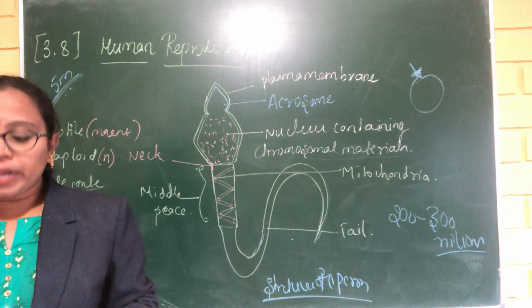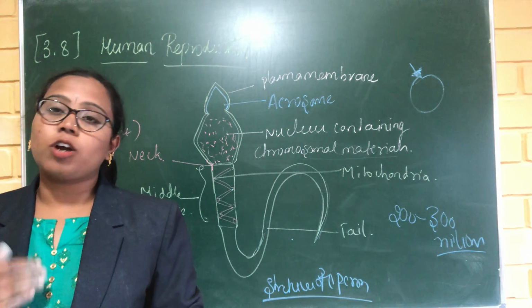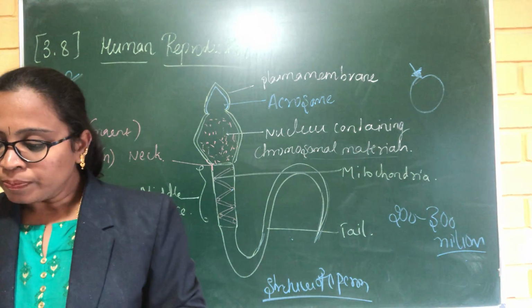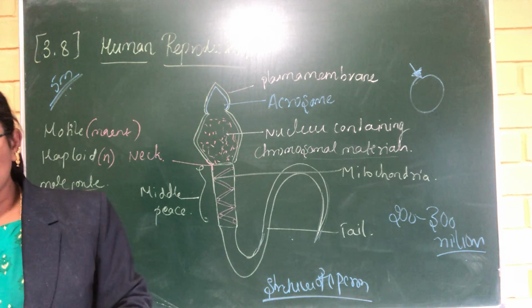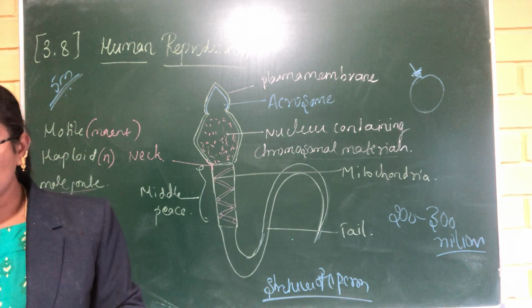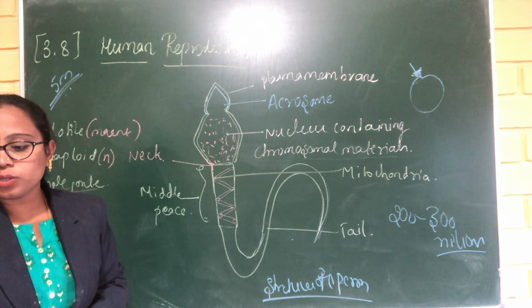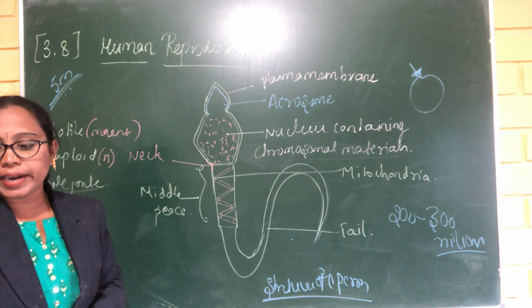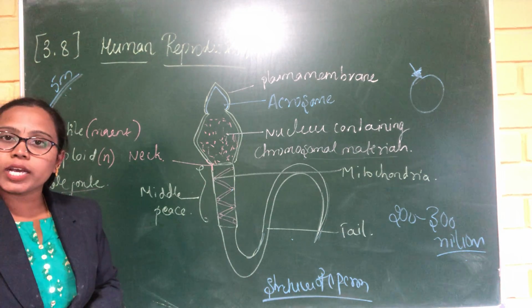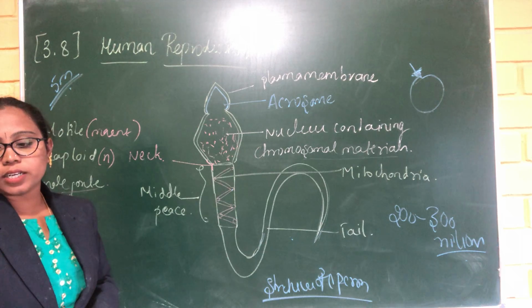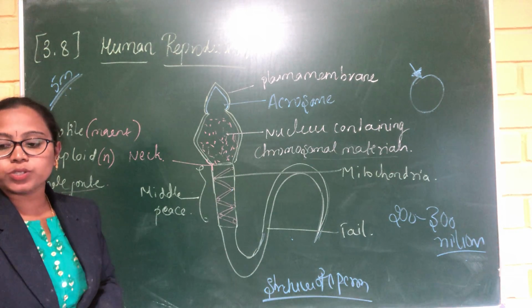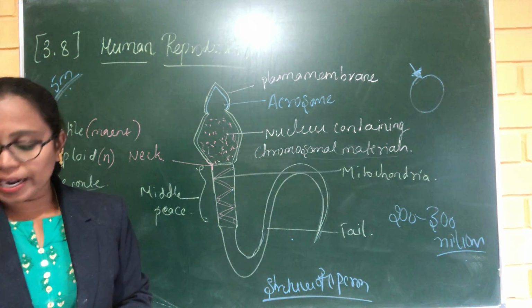In oogenesis there are also many changes and a lot of cell division. The egg mother cells, the oogonia, undergo mitosis and divide into many oogonia, which then undergo cell division to produce the primary oocyte.